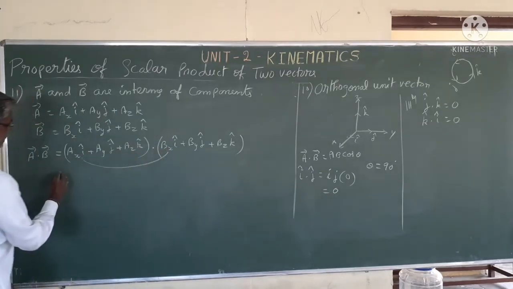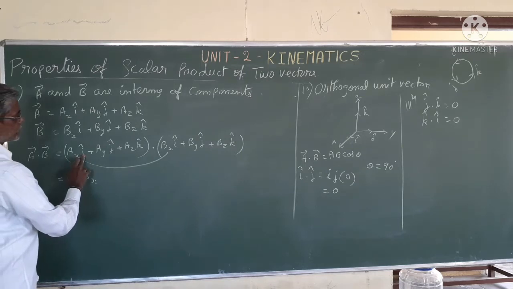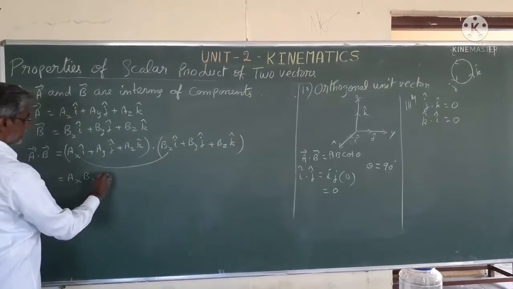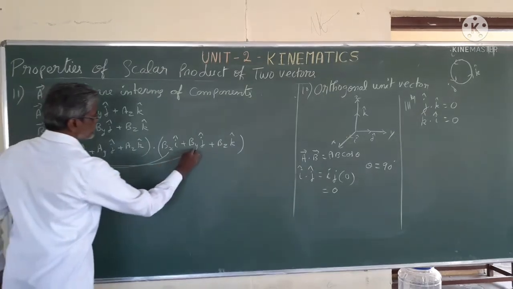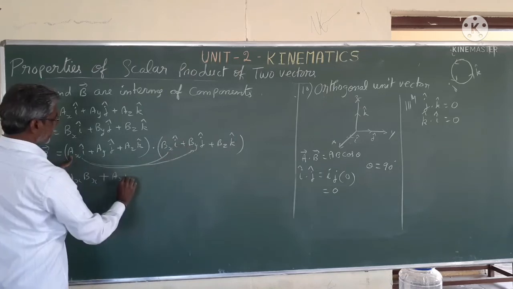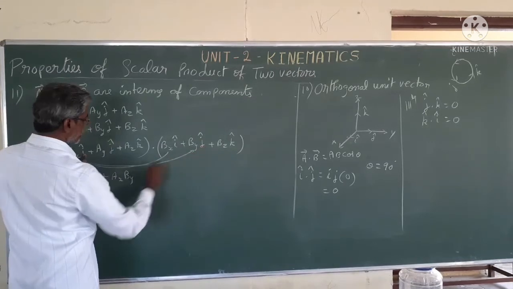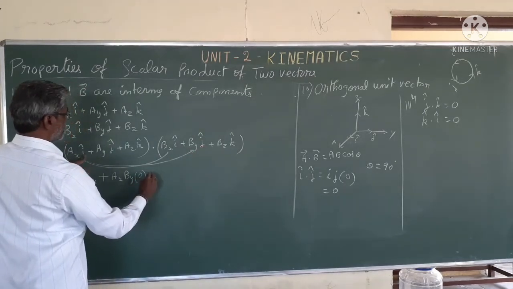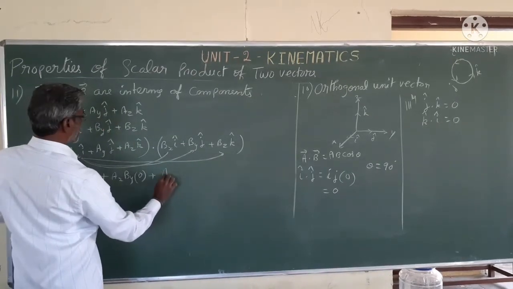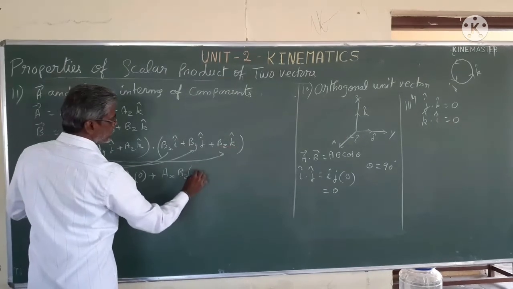AX into BX, I vector dot I vector. I vector dot I vector is equal to 1. Then plus AX BY, I vector dot J vector is 0, plus this one you take AX BZ, I vector dot K vector is equal to 0.